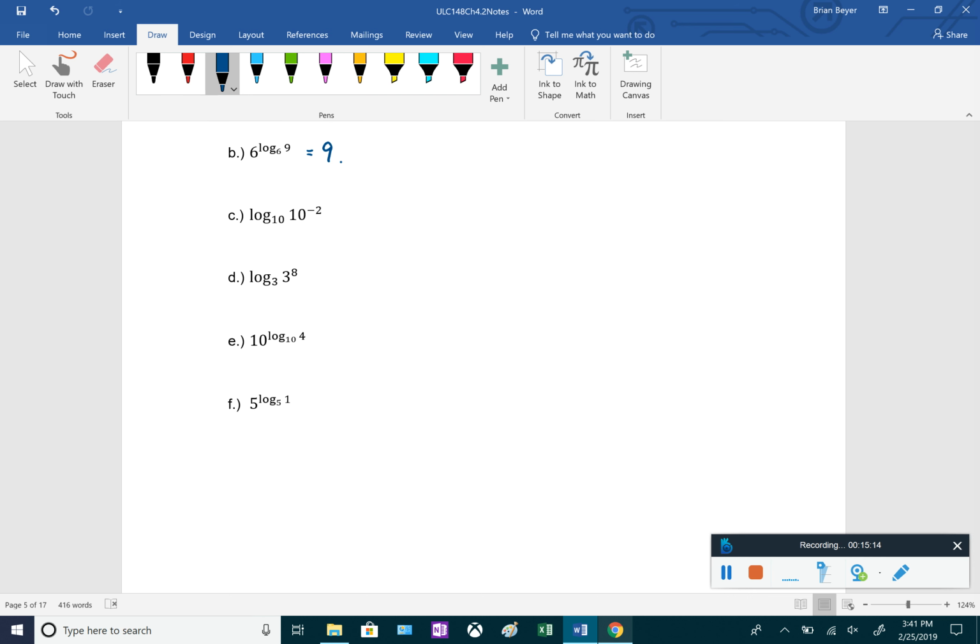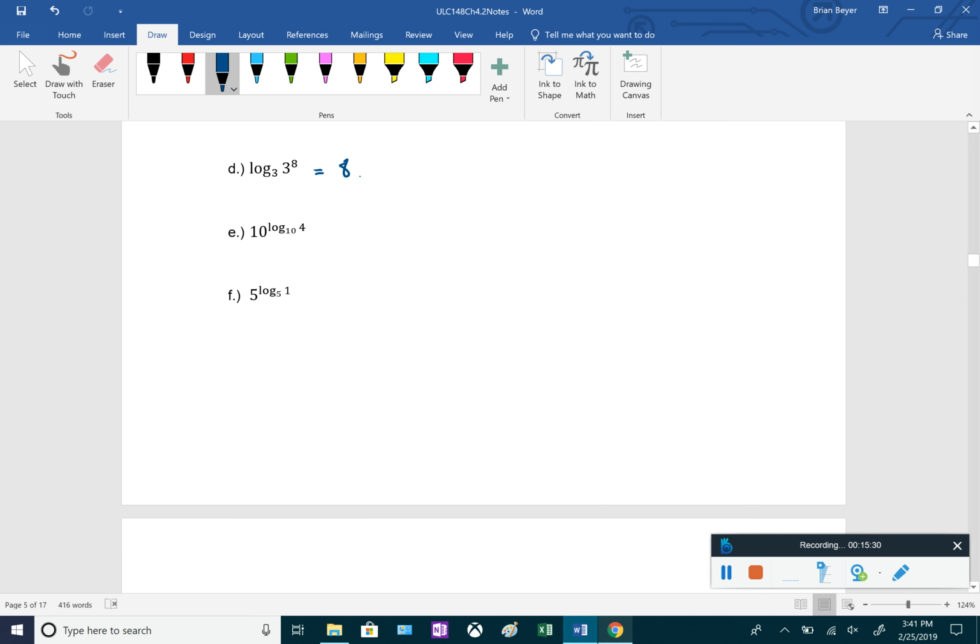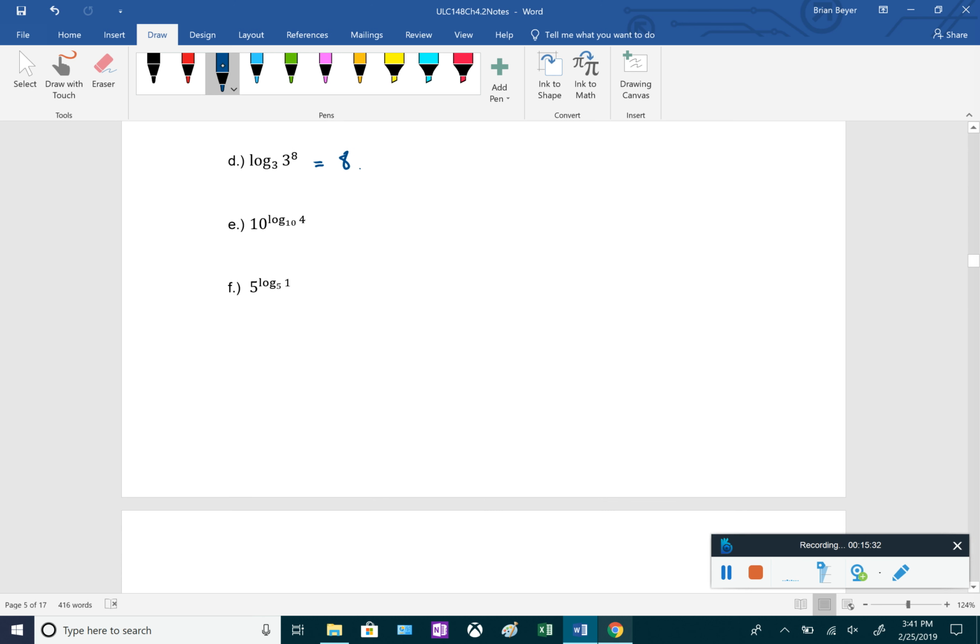The log is base 10, and so is the exponential in the input. They're going to cancel, and we're left with negative 2. Next, we have log base 3 of 3 to the 8th. Base 3's cancel, and we get 8. 10 raised up to the log base 10 of 4. They're both base 10, they cancel, and we're just left with 4.